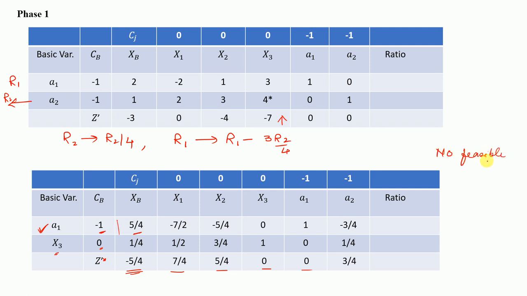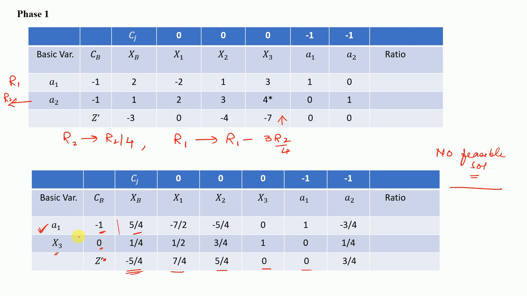No feasible solution. It means you need not go to phase 2 because we are not getting any feasible solution. And I will stop the problem here, simply writing no feasible solution. And the reasoning behind this is, since one artificial variable is there with a positive value in this optimal solution, the problem has no feasible solution, because the artificial variable should not be a part of this optimal solution.